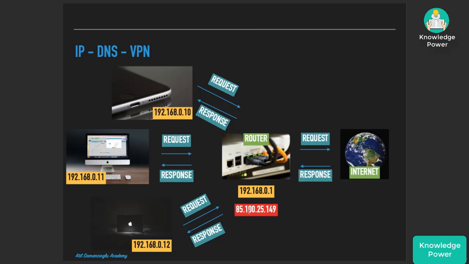But we use public IP addresses in order to communicate with the external world. So if you guess that every individual device in this house has the same public IP address, then you're absolutely right. They have different local IP addresses, but they have only one public IP address. So if you want to get a connection from the outer world, you have to give them your public IP address, which is not safe because it's detectable, it's trackable.